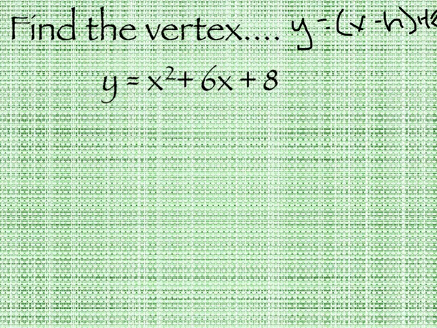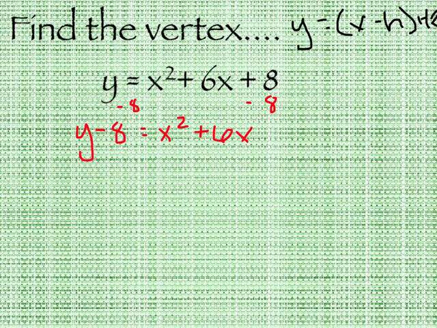So while we could look at this and we could factor, that wouldn't give us the vertex form. This is just a little shortcut to getting the vertex. If I want to get the vertex, first let's subtract 8 from both sides so that I can do my completing the square.